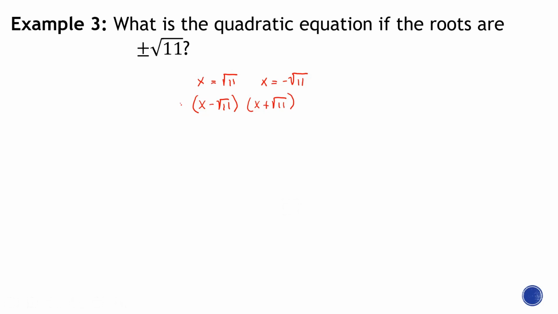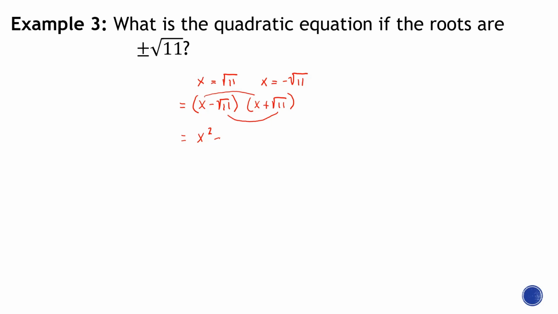So here, we will not be doing the FOIL method. All we need to do is to multiply the first terms and the last terms. The reason behind that is, as you can see, they are almost identical. The difference is the signs only of that square root of 11. So just multiply the first terms and the last terms. X times x gives us x squared.